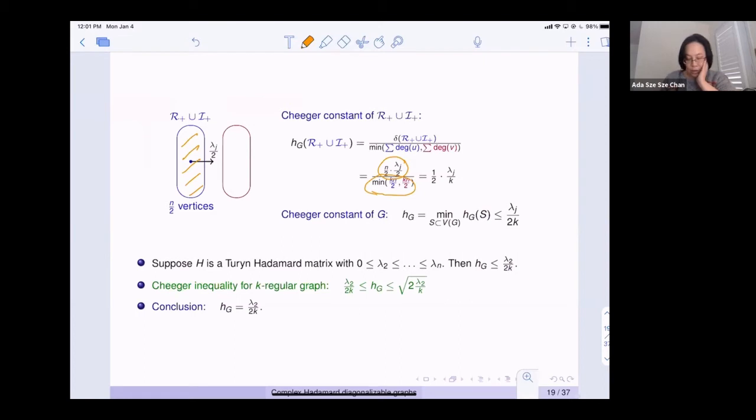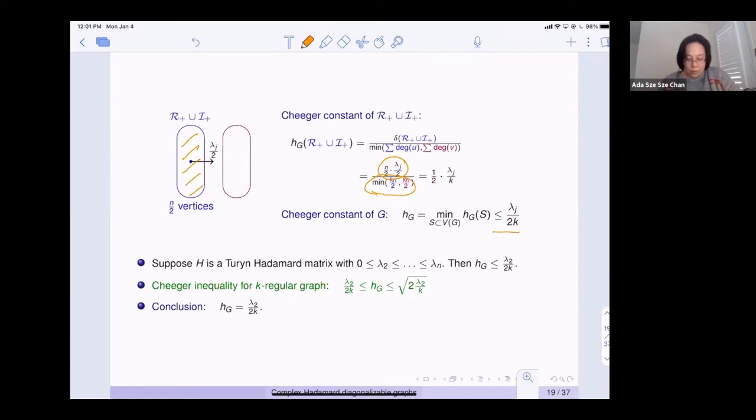Now the Cheeger constant of the graph is basically: you go over all possible proper subsets of the vertex set, compute the Cheeger constant of the set, and then take the minimum. So we know that the Cheeger constant of the graph is at most lambda j divided by 2k. Now let's focus on the Turing-type Hadamard matrix.